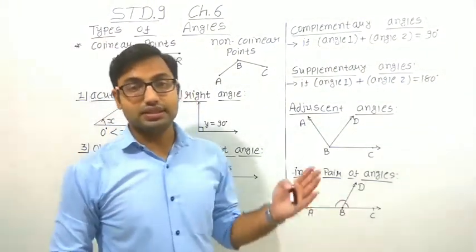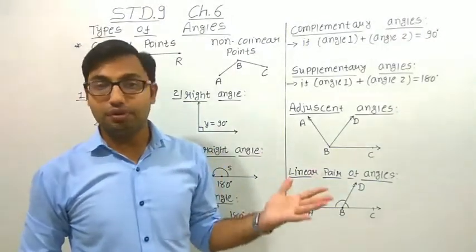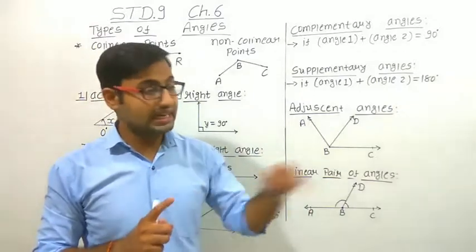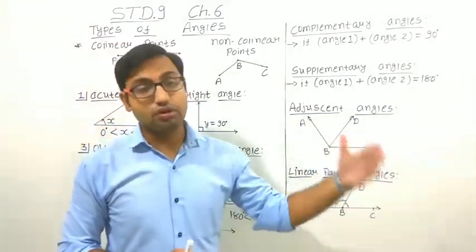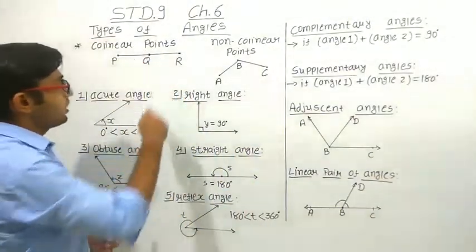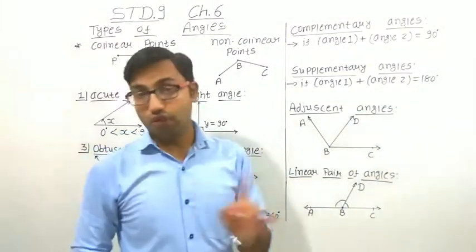This can be said for 4 points, 5 points, 6 points. If all the points are on a straight line, then all those points are called collinear points. When 3 points are collinear, they cannot form an angle.